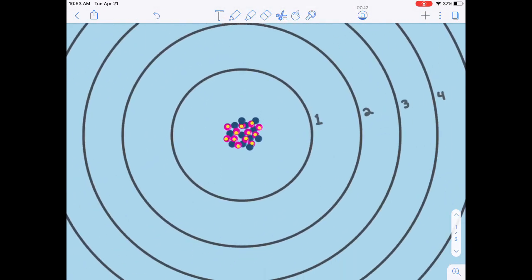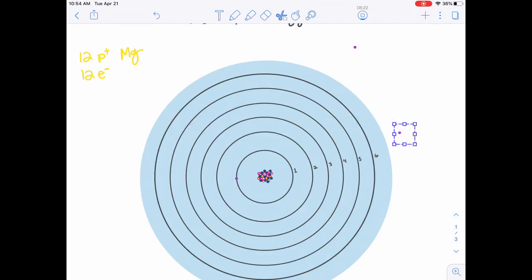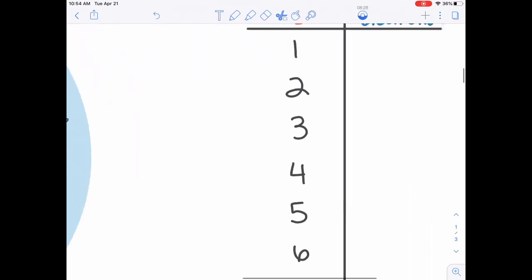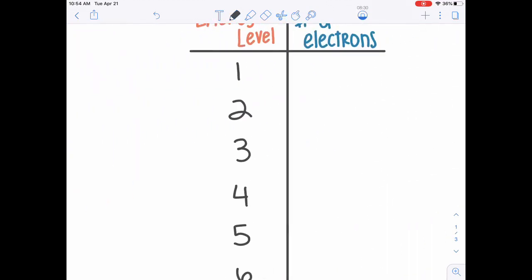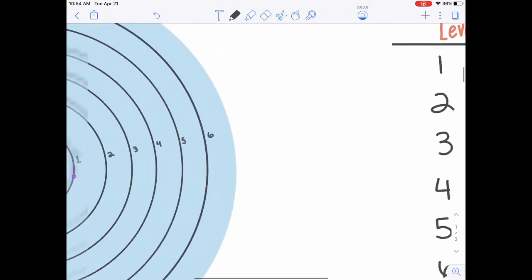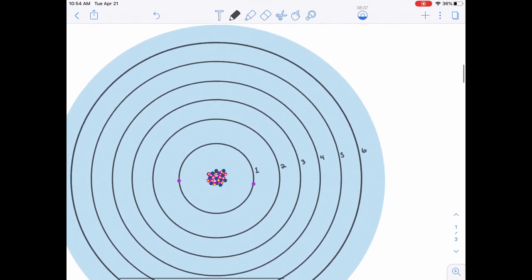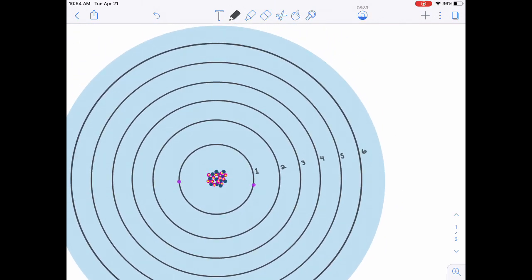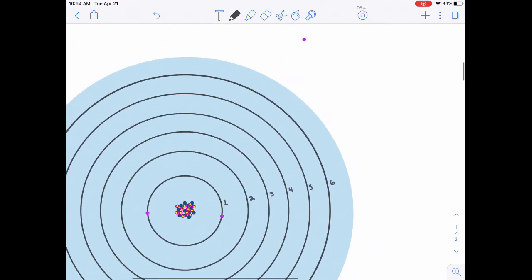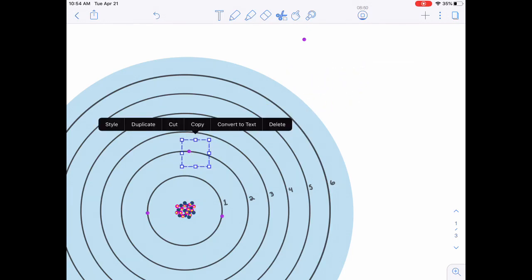So the first energy level, here's my electron right here. The first energy level has a total of 2 electrons in it. And they will be as far away from each other as possible because they are negatively charged and negative charges repel each other. So the first energy level has 2 electrons. The second energy level then has a total of 8.